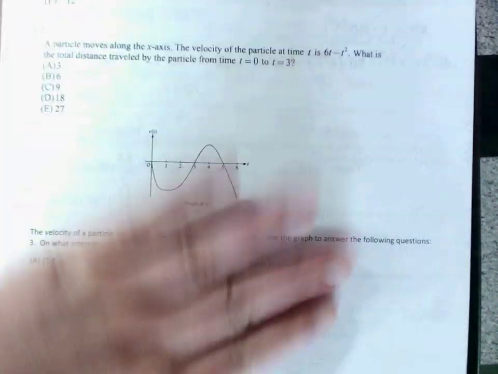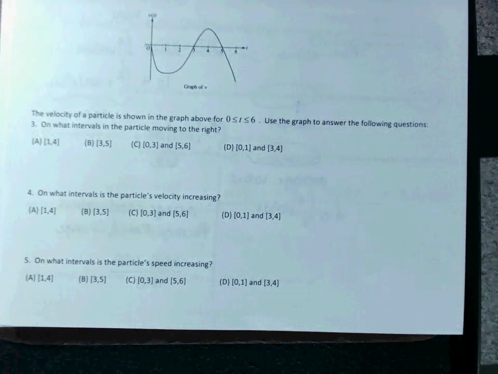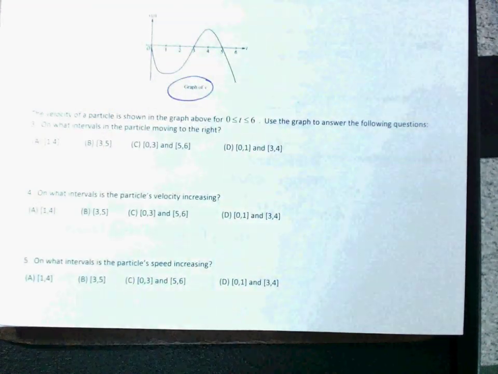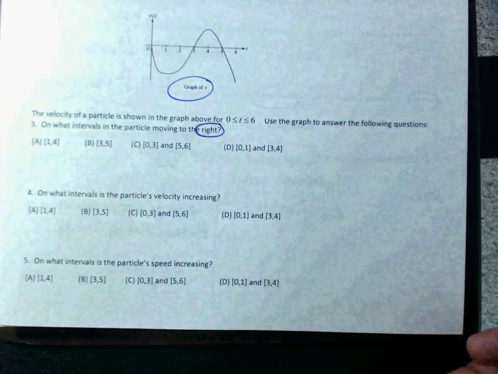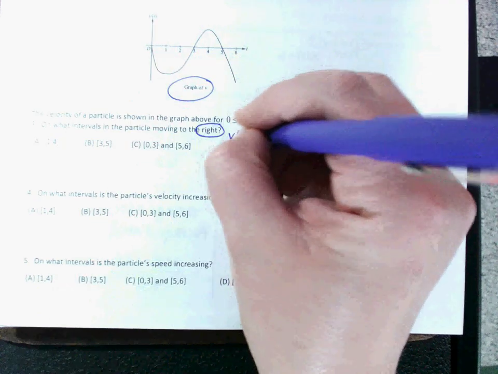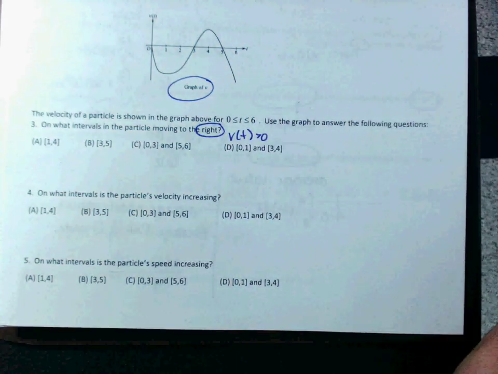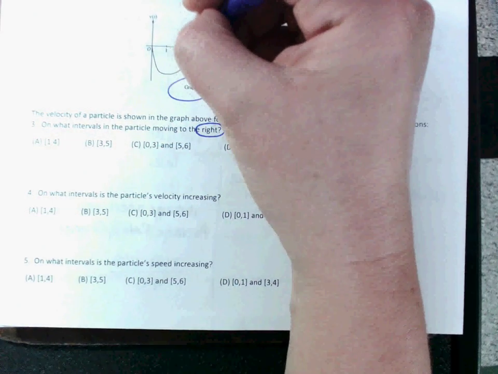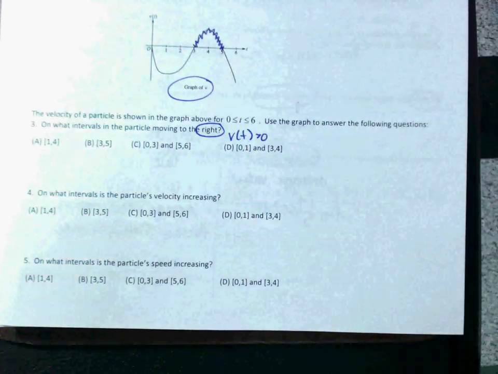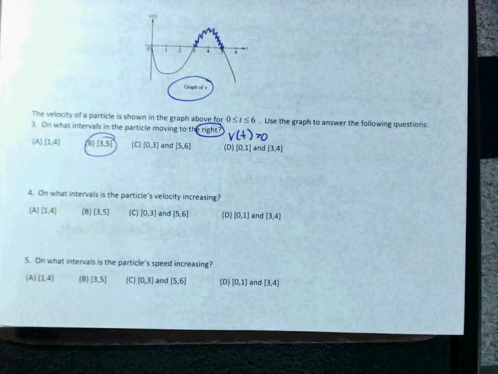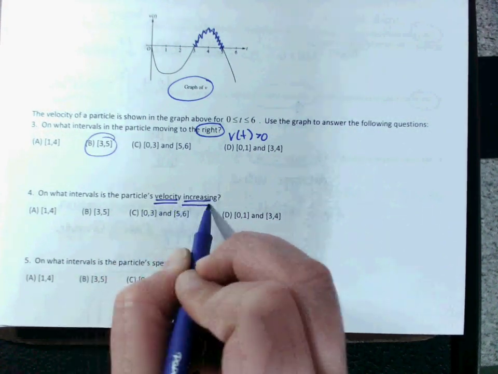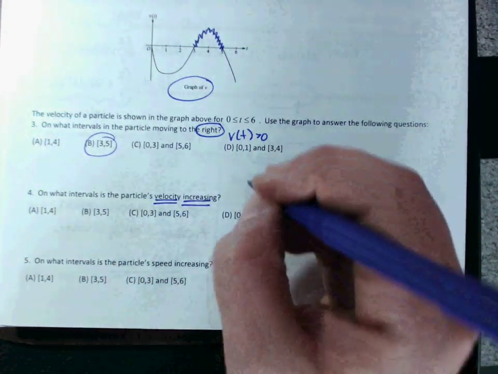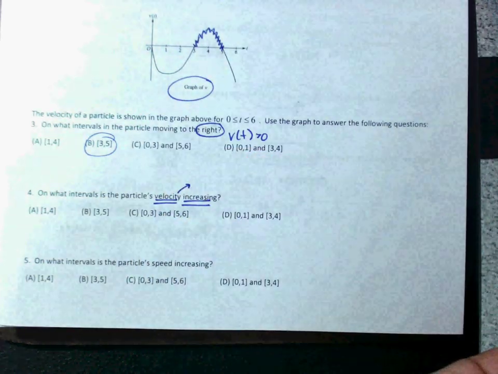We skipped the one in the packet that was like this, but remember that if you're looking at a velocity graph, and you want to know when the particle is traveling to the right, you would be looking for where your velocity is greater than 0. So if I look at my graph, I can see that happens when it's above. So that would be just from 3 to 5. Then it says, when is the velocity increasing? Well, remember that velocity increases when its slope is positive, right?